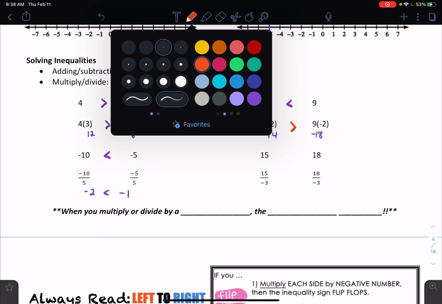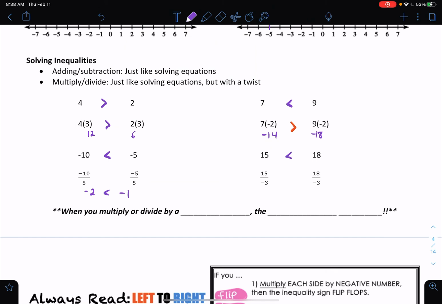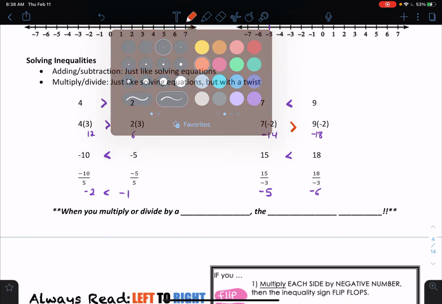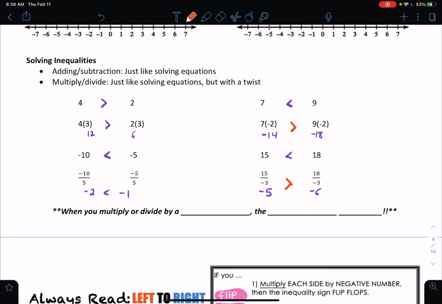What about 15 is less than 18, but 15 divided by negative 3 is negative 5, and 18 divided by negative 3 is negative 6. So once again, negative 5 is greater than negative 6. When I divided by a negative, I had to flip the sign. So this is the super key thing that makes this different than solving equations.